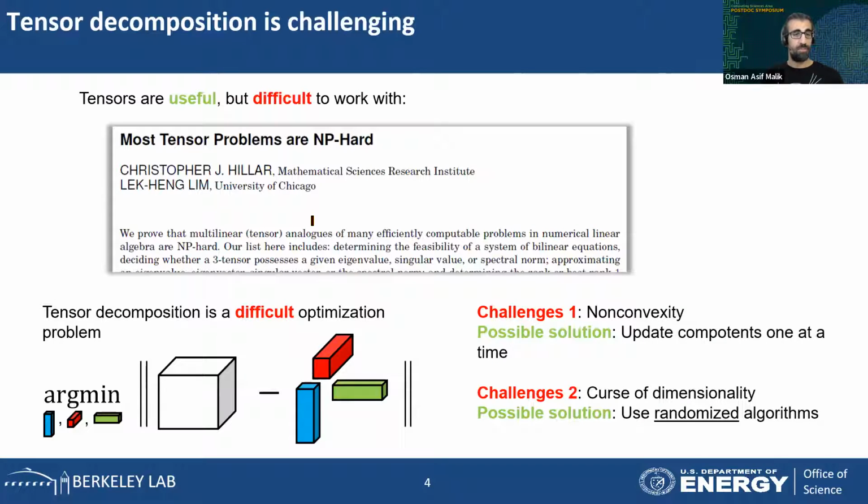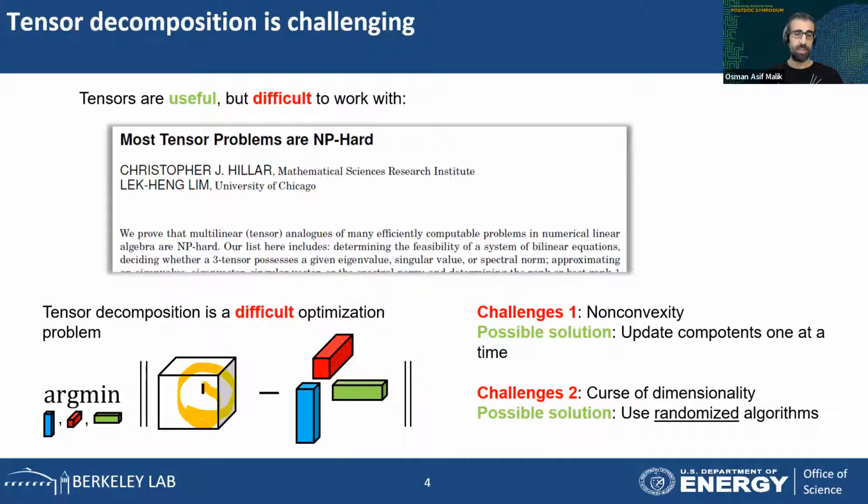So tensors have lots of different applications, so they're very useful, but they're also difficult to work with. And here I've copied in the title of a paper, which has a little bit of a scary title. It says that most tensor problems are NP hard. And one way to see this difficulty is just thinking about the problem of decomposing a tensor. So we can think about this as an optimization problem.